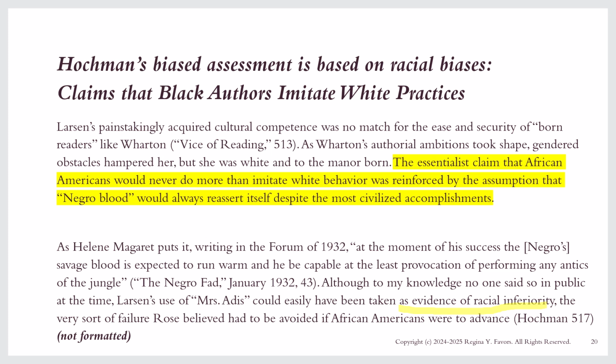But African Americans are more than capable of creating their own work. You may have a few outliers, but most of the Harlem Renaissance writers, artists, visual artists, painters, poets, novelists, they wrote their own work, and so I think her assessment is biased.